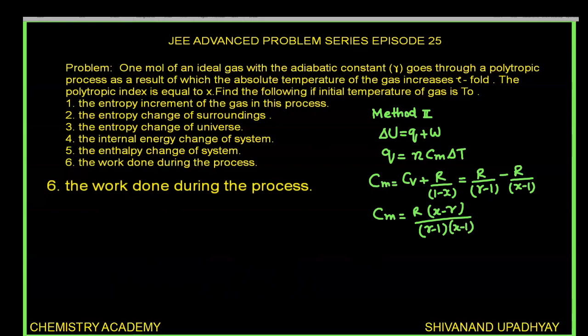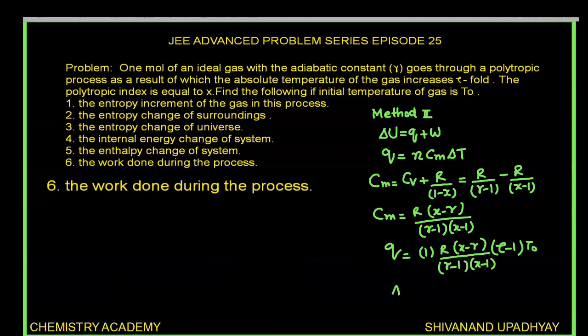This is the value of Cm. So the value of Q is, with n equal to 1, Cm value R into x minus gamma upon gamma minus 1 into x minus 1, and the temperature change written as tau minus 1 into T naught. So this is the value of Q.